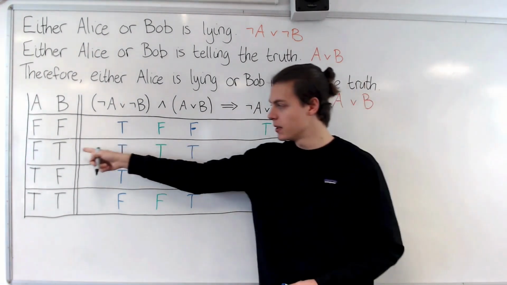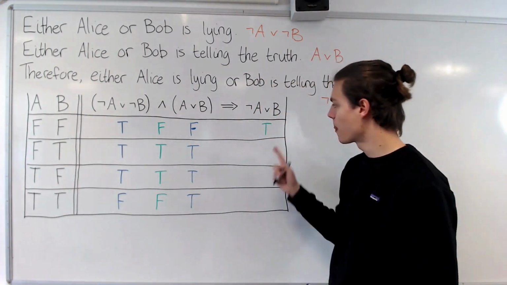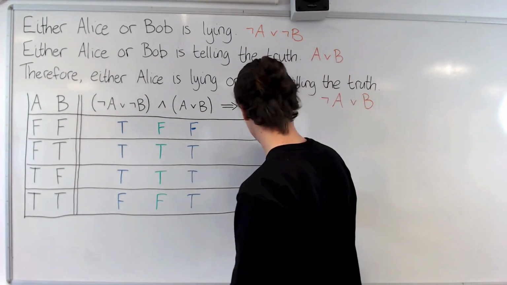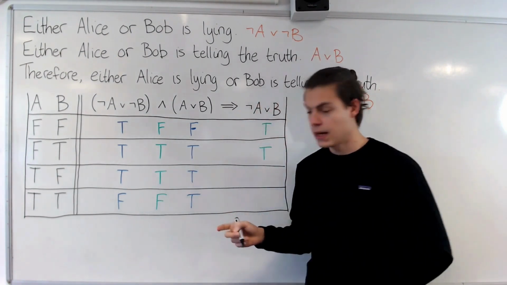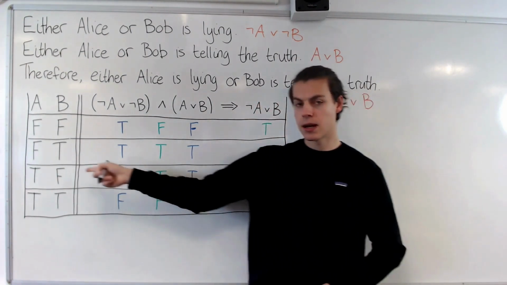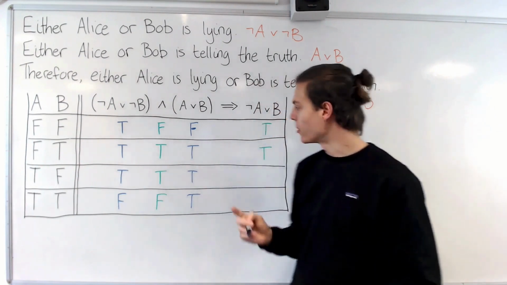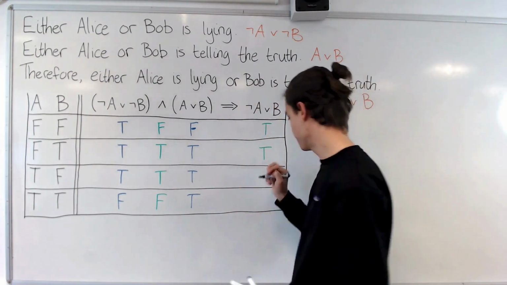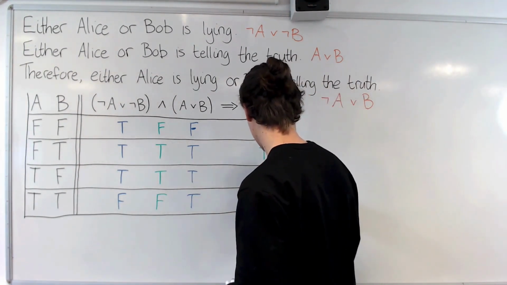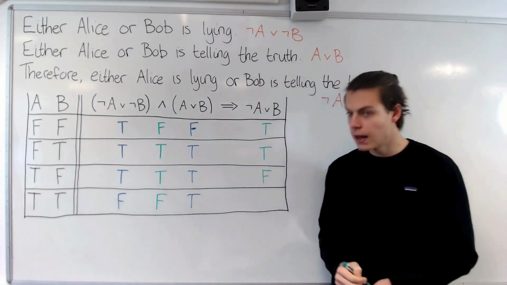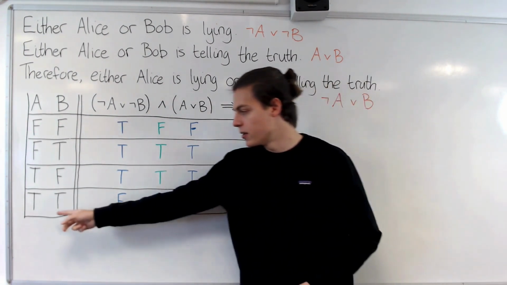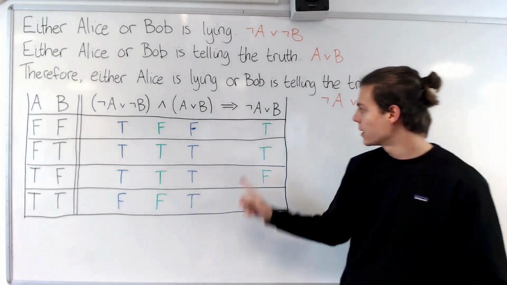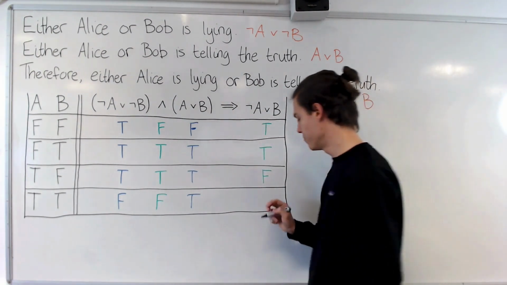In the second row, B is true, and so this is true. In the third row, A is true and B is false, so this is false. And then in our last row, B is true, and so this is true.